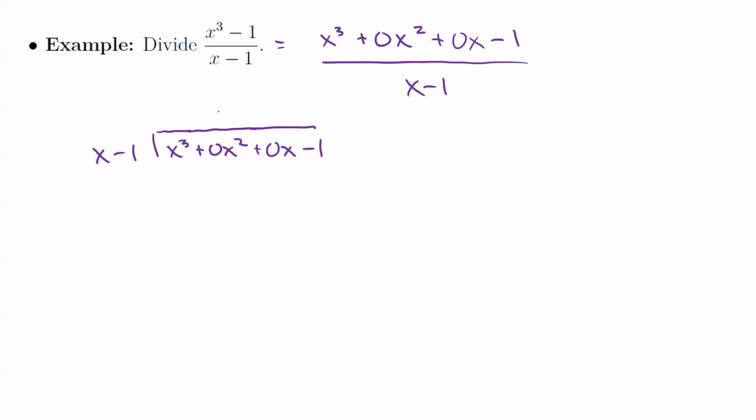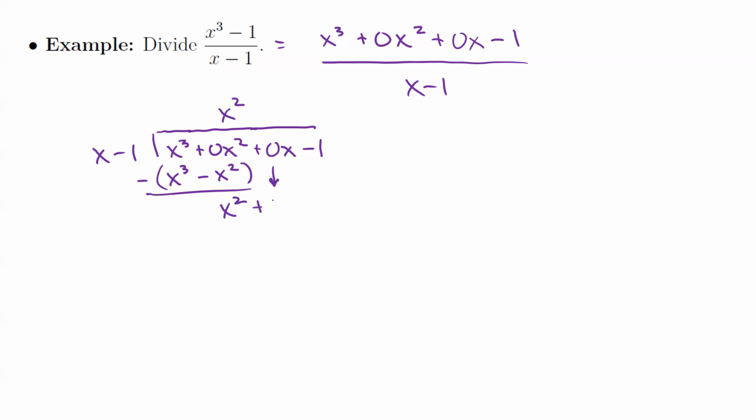So we know x squared times x will give me x cubed. X squared times negative 1 is minus x squared. But because we are doing 0 minus negative x squared, it's actually a positive x squared as a remainder.